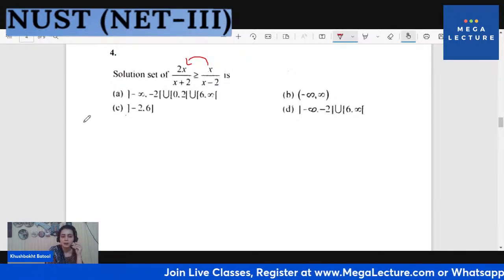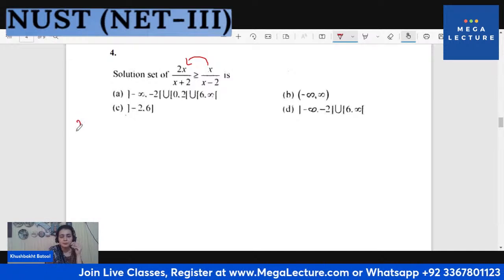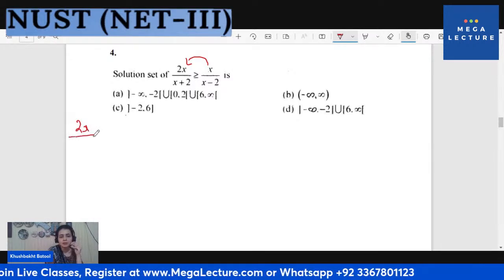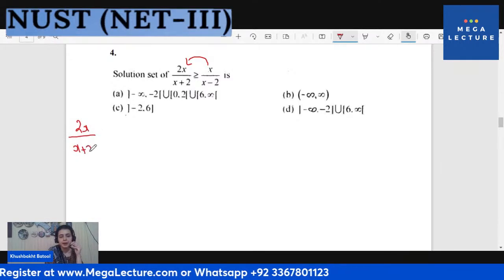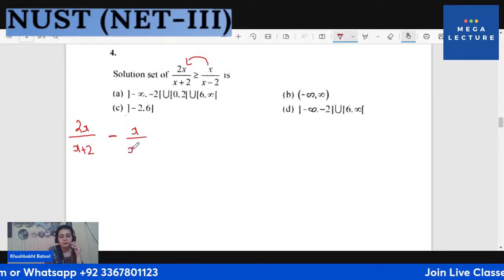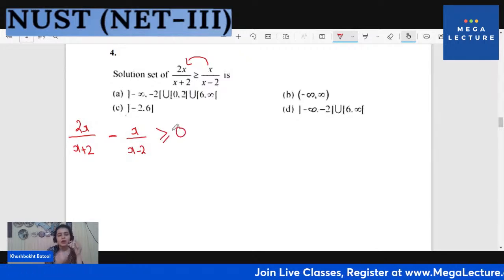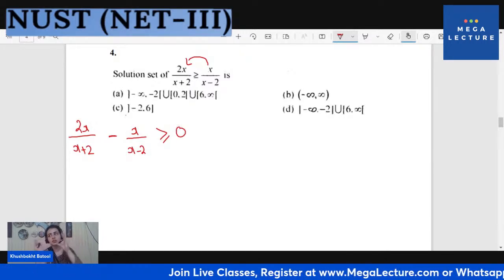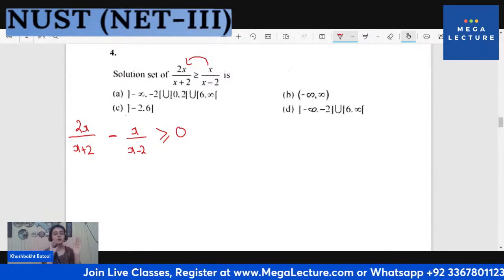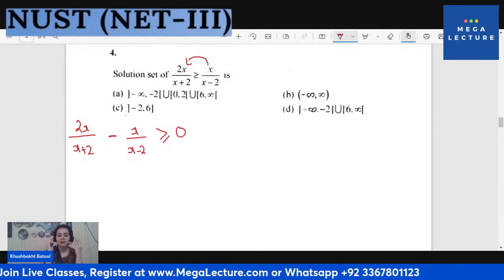Please try understanding this. It would be 2x by x plus 2 minus x by x minus 2 greater than or equal to 0. Just like equations, I can shift things from here to there without changing the inequality sign.